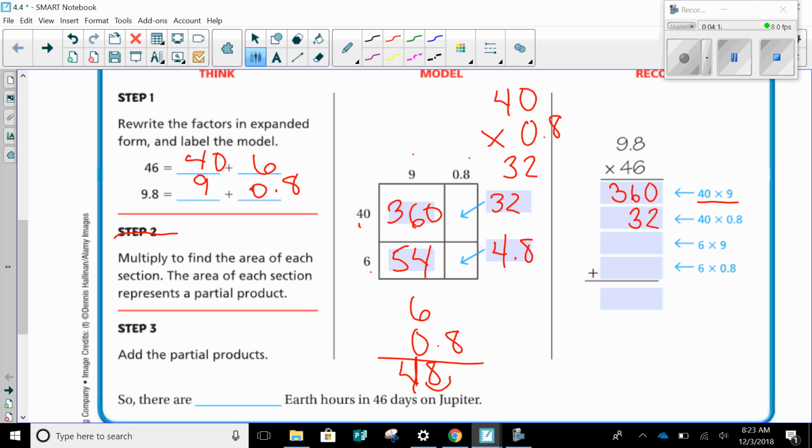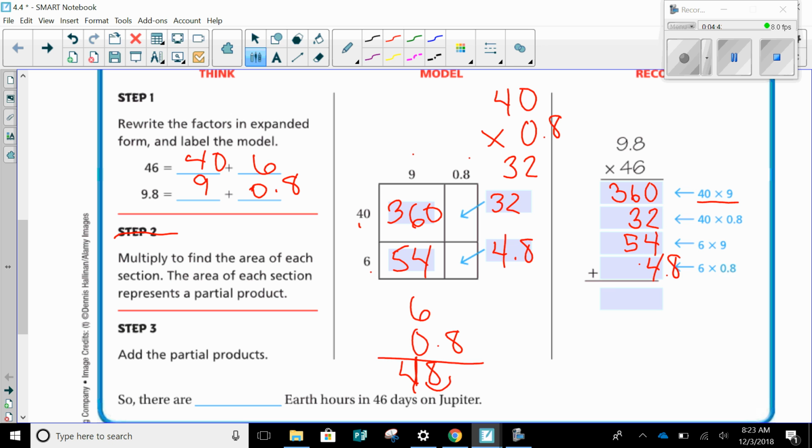Then I have 6 times 9, which is 54. And then I have my partial product 4.8. I did this because I want to line up my ones. And so my 4 here needs to go underneath the ones place. So that's why my decimal point's over here.